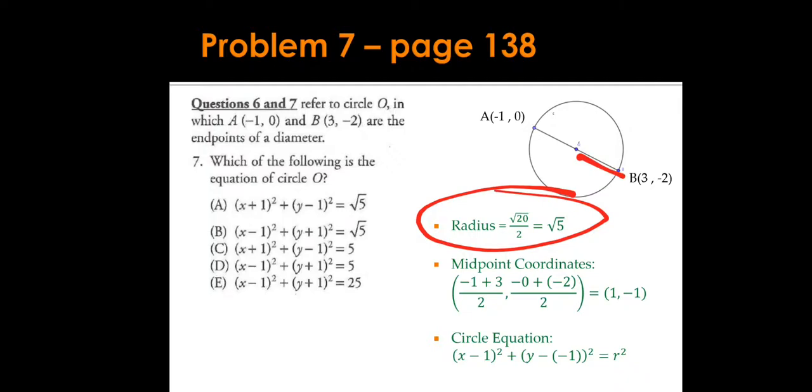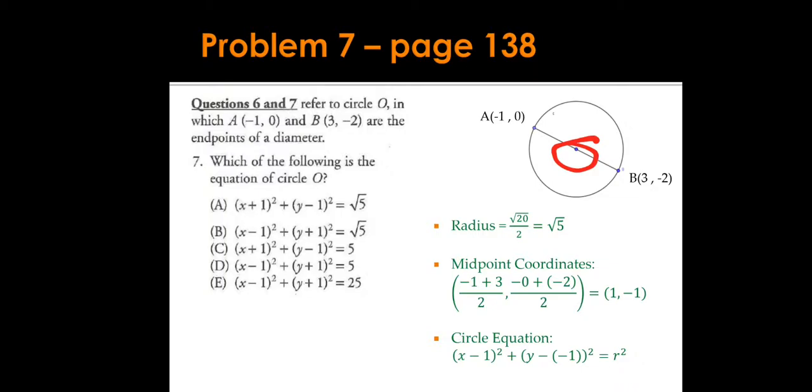Since the equation of the circle is equal to r squared, this eliminates options A, B, and E. This leaves us only with two options, C and D. Now we need to find the coordinates of the midpoint, which is the center of the circle.